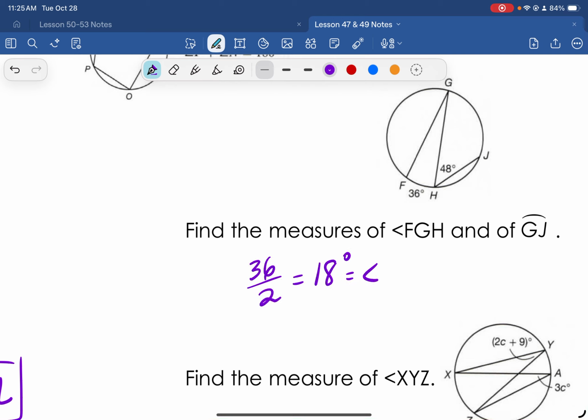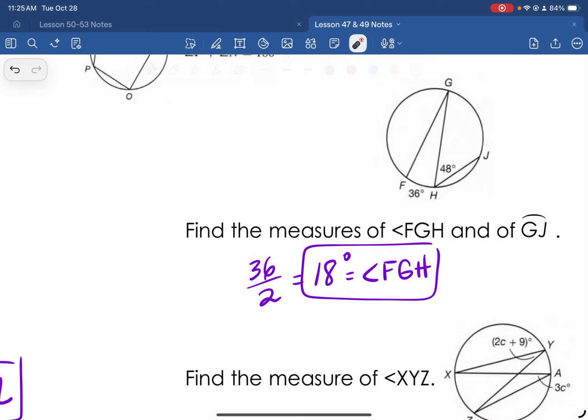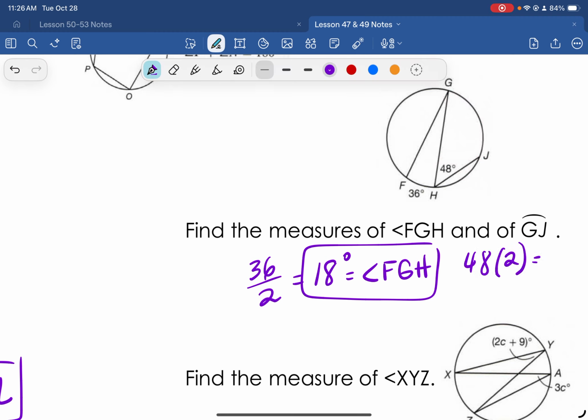So that's the angle FGH. We're not finished because we have to find arc GJ. Well, we know that this angle is 48, which means we double it to find the arc, right? So 48 times 2 is 96 degrees. So that is arc GJ.